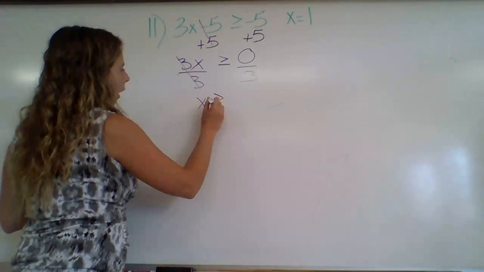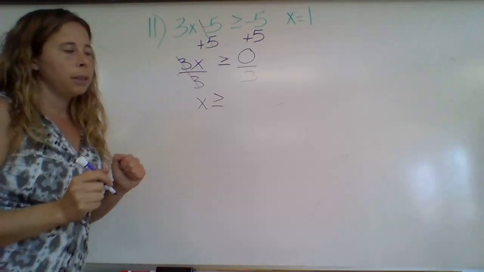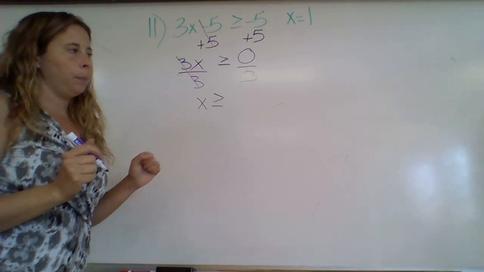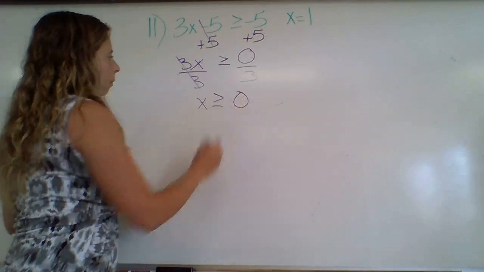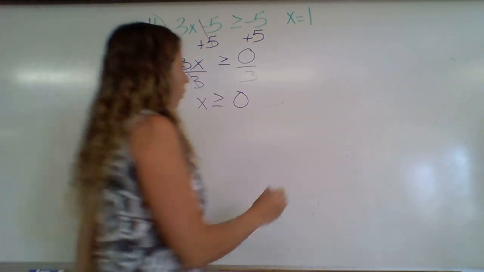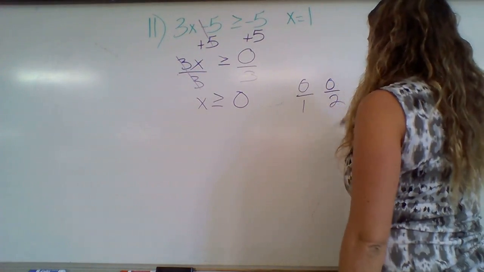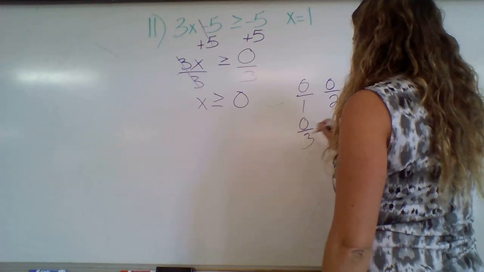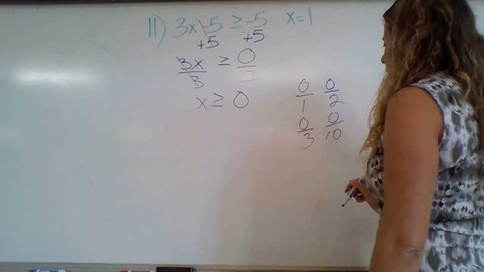X is greater than or equal to 0 divided by any number. Well, other than 0. Yeah, 0 divided by any number other than 0 is just 0. So, like 0 divided by 1, 0. 0 divided by 2, 0. 0 divided by 3, 0. 0 divided by 10, 0.